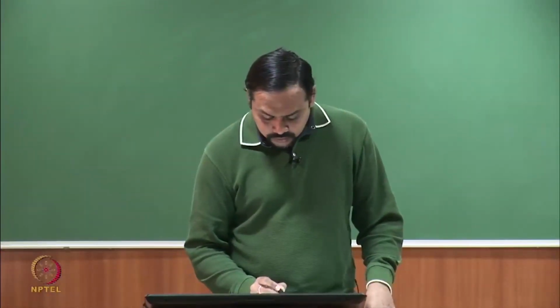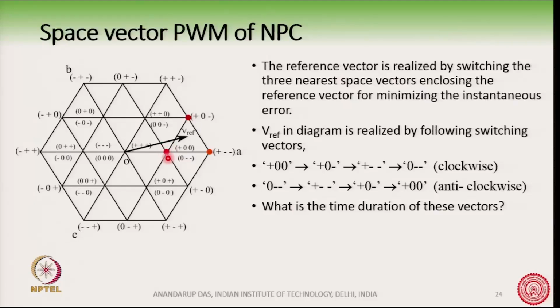We go to the switching states for this vector, which are plus 0 0 and 0 minus minus, and this vector has a switching state combination of plus minus minus, this has plus 0 minus.